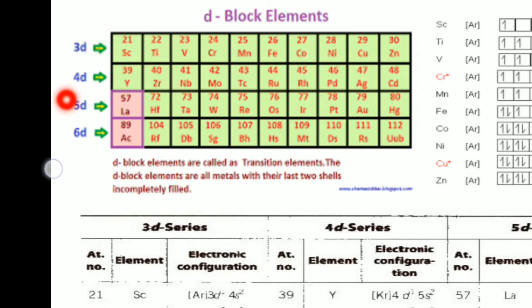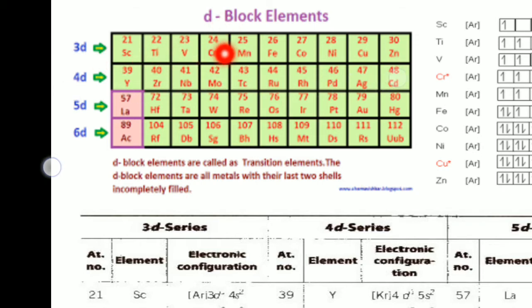This 3d series starts with the scandium element, so it is also called the scandium series. Why is this called the 3d series? In these elements, the differentiating electron enters into the 3d orbital. It starts from scandium, which has atomic number 21, and ends with zinc, which has atomic number 30.